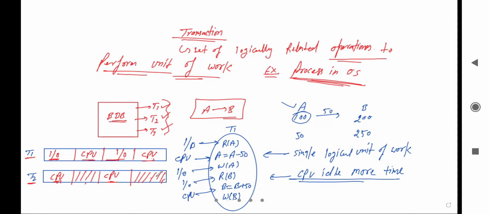That is also known as concurrent transactions. So if there is a concurrent transaction, there is a chance of inconsistency, right?